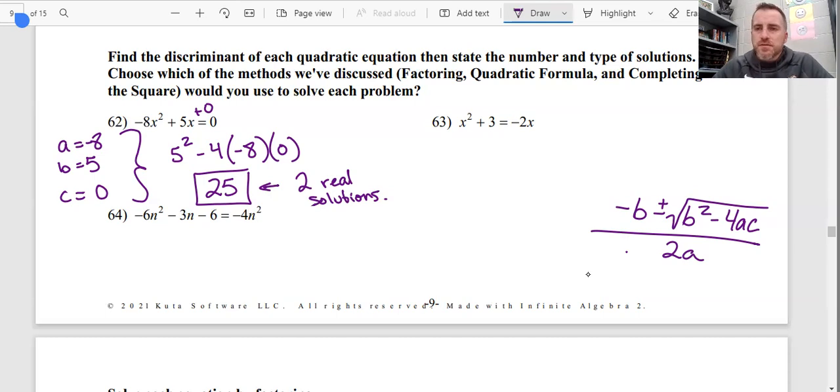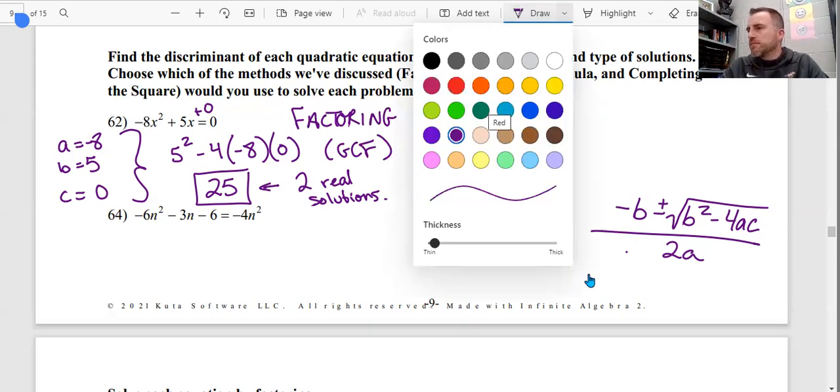The quadratic formula is tougher than it needs to be because this is a perfect one for factoring, because it has a GCF that you can take out, an x that you can pull out front. And so one of the solutions is 0, and the other one, make sure I don't tell you wrong, is 5/8. So that one's easy to solve by factoring because it has a greatest common factor.